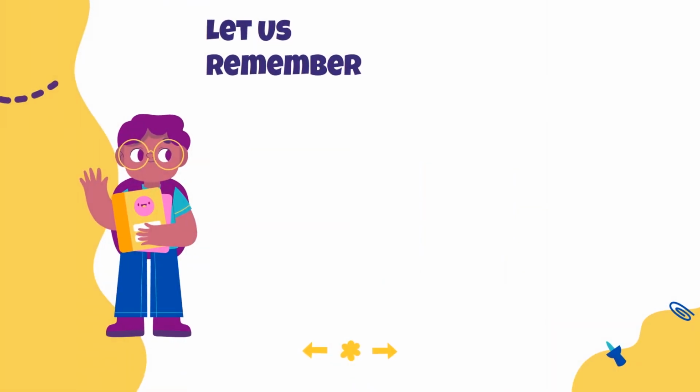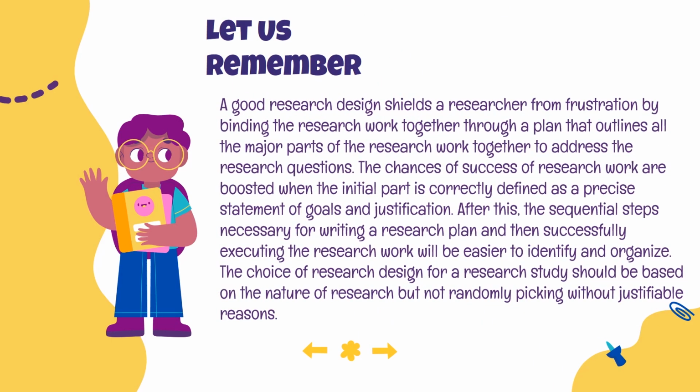Now, let us remember that a good research design shields a researcher from frustration by binding the research work together through a plan that outlines all the major parts of the research work together to address the research questions. The chances of success of research work are boosted when the initial part is correctly defined as a precise statement of goals and justification.